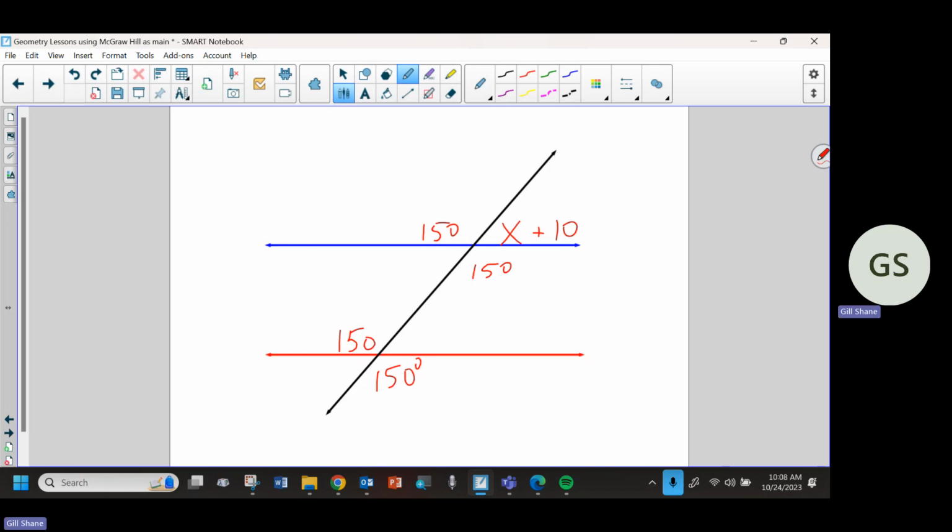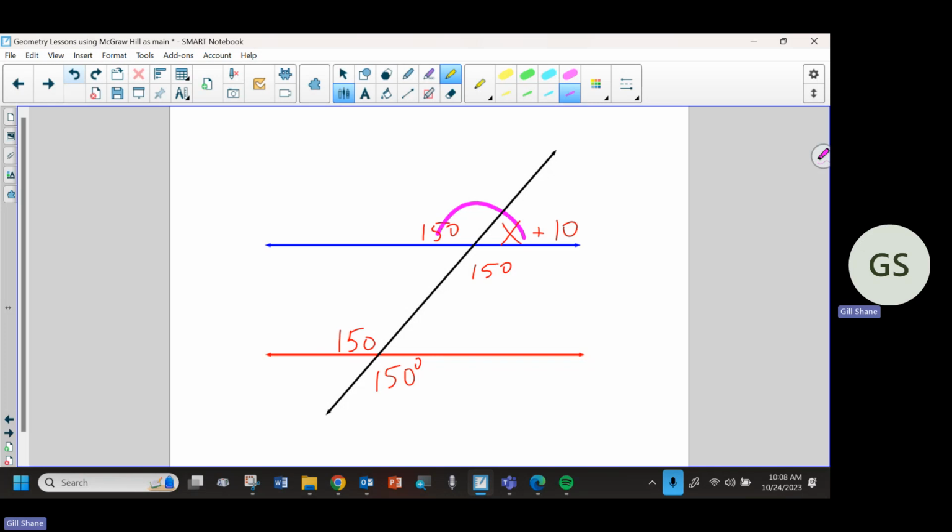Now you should pretty easily be able to tell me what is true about the 150 and the x plus 10. What has to be the case? They have to add up, because they're on the same line. They're both on the black line, and they're both on the blue line, so they have to add up to 180. That's the equation.